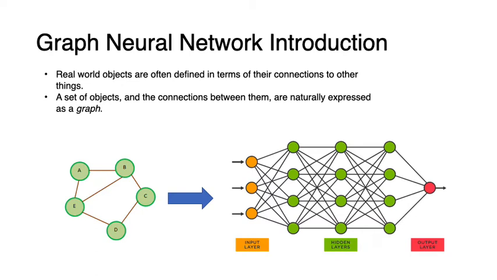If we talk about graph data, real world objects are often defined in terms of their connections to other things, and this set of objects and the connections between them are expressed as a graph. So our goal is to design a neural network or model that works on graph data. Fundamentally, we'll be talking about a neural network whose input will be the graph.